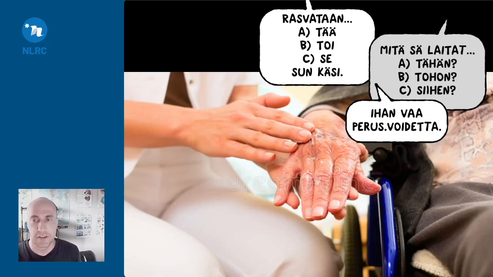And as such, the owner of the hand, the person the hand is attached to, could refer to it with mitä sä laitat siihen. That hand might also work. Tohon does not work because it's clearly shared information among both speakers and does not need to be introduced.